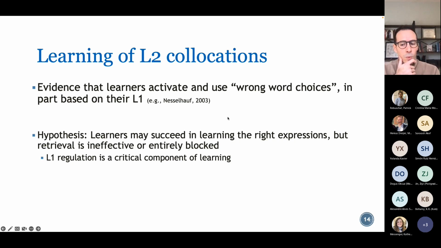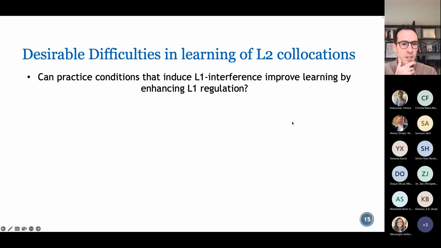So what we actually know from production data in previous work is that learners may actually know the target collocations, but they often produce the wrong word choices. In no small part, this can be traced back to the first language influence, right? So the idea is that learners may actually succeed in learning the right expressions, but retrieval may be ineffective or even entirely blocked due to the problem of lack of regulation of this competition across the two languages.